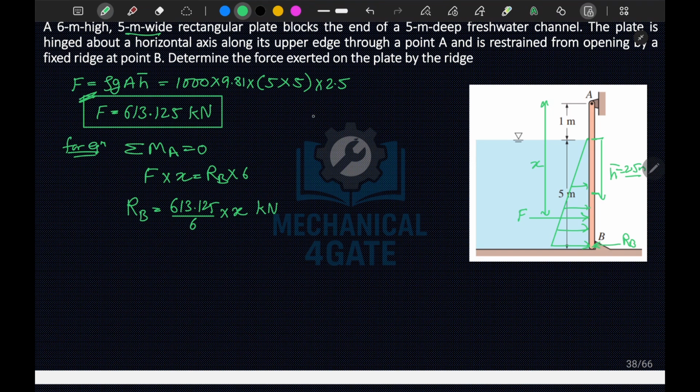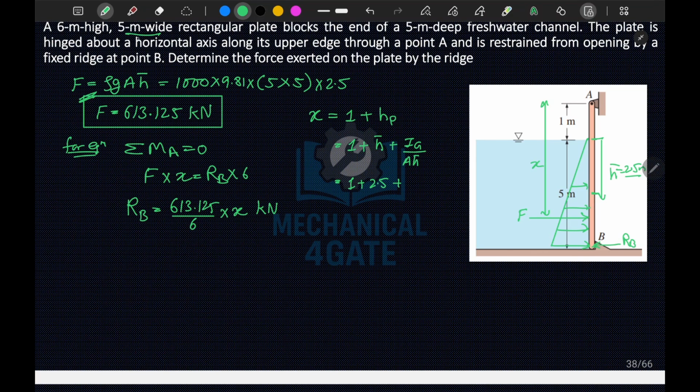To calculate x, we can write x equal to this 1 meter plus the height of center of pressure, HP. Now I can write it as 1 plus h bar. H bar is 2.5, or let me write the formula first. That is h bar plus Ig upon A h bar, for vertical plates, equal to 1 plus 2.5, which is h bar, plus Ig for a rectangular plate, which is b h cube by 12, okay.